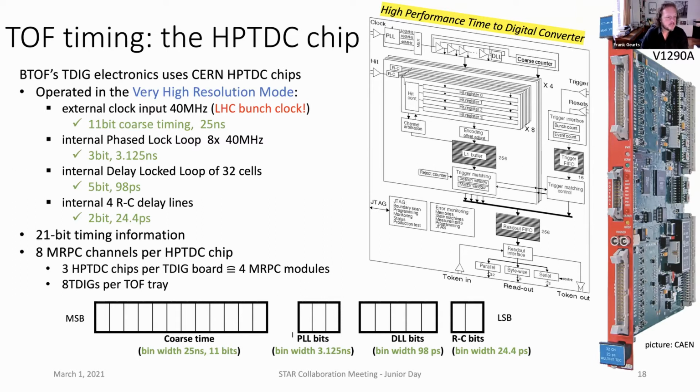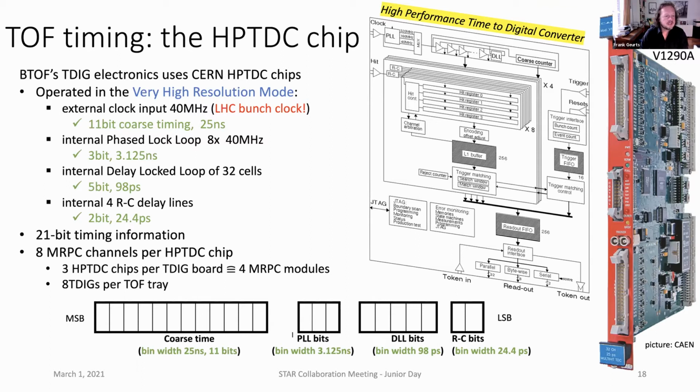And then on board of these chips, there is an internal phase lock loop that multiplies the 40 megahertz by a factor of 8 and allows us to push in another 3 bits that allow us to push that least significant bit from 25 nanoseconds to about 3 nanoseconds.